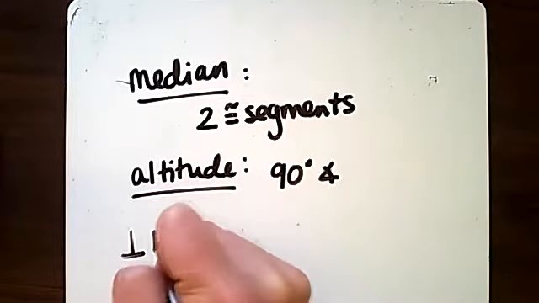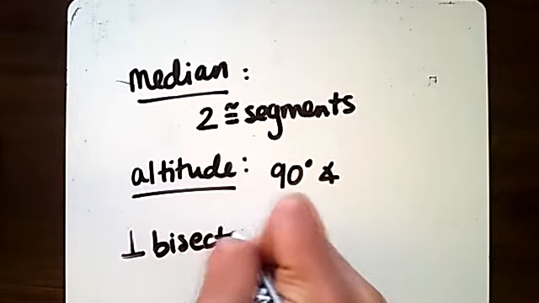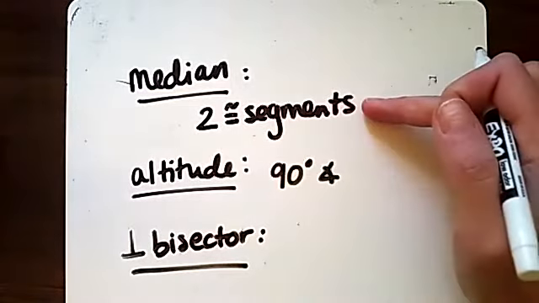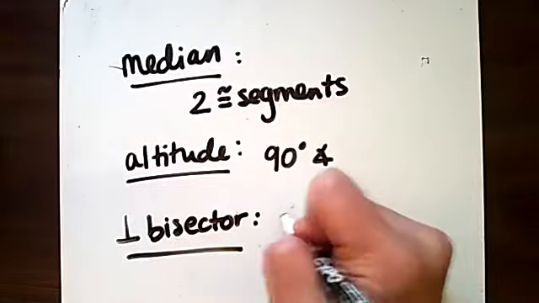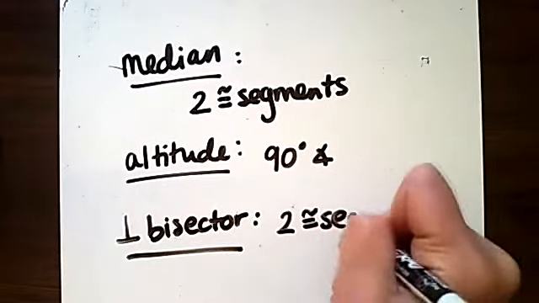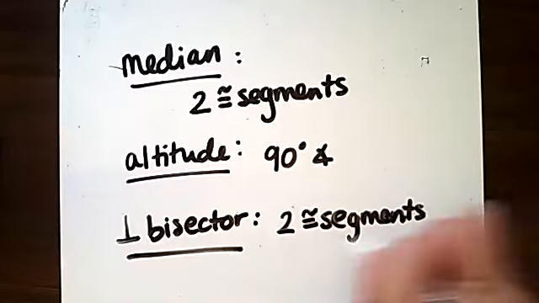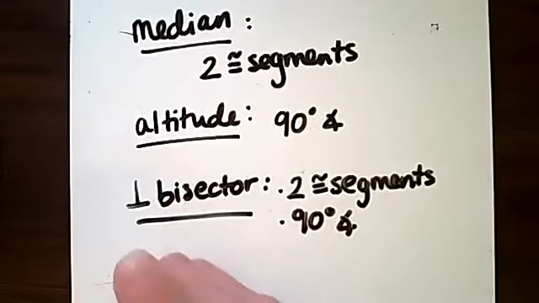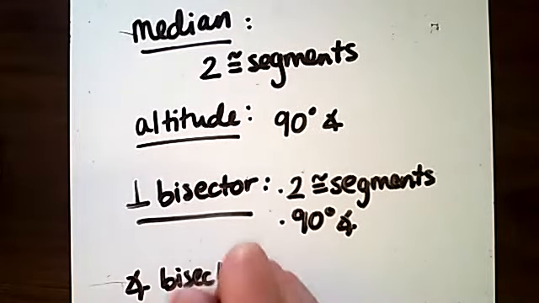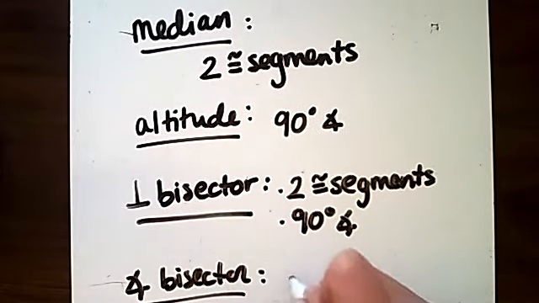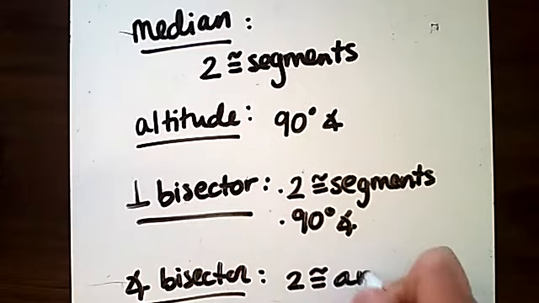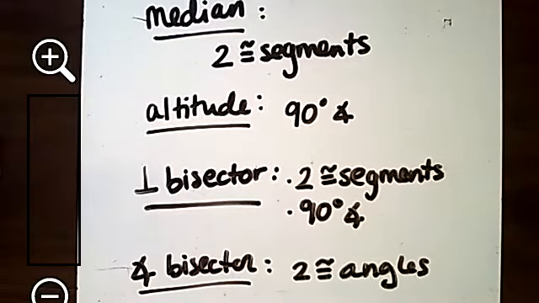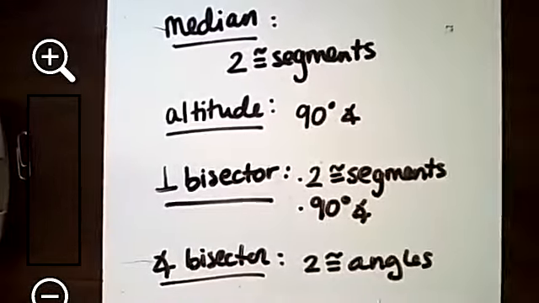A perpendicular bisector is kind of like a combination of a median and an altitude. It gives you 2 congruent segments and 90-degree angles. And then an angle bisector just gives you 2 congruent angles. So that's like a summary. That's the gist of what we just did.